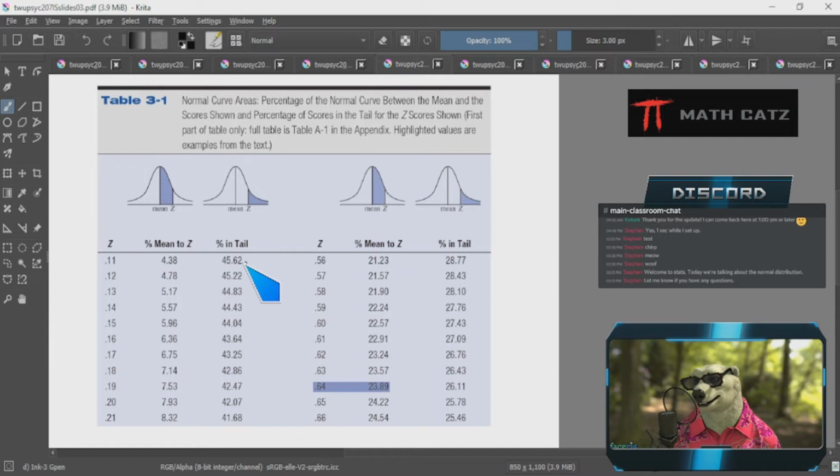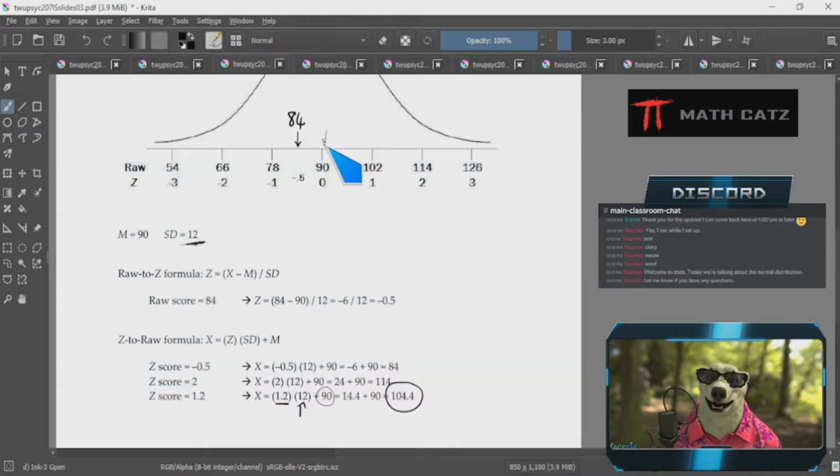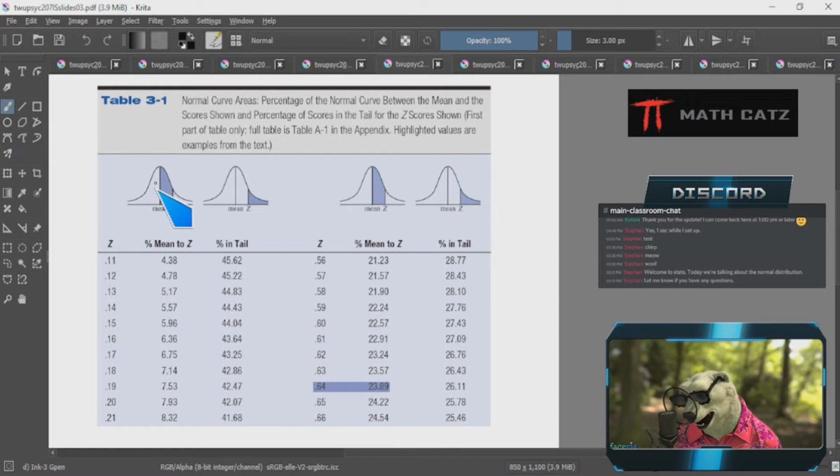Let's look, for example, at the very first one. A z-score of 0.11 means that it sits, remember, if I look at an example like this, a z-score of 0.11 will be right there, just beyond the mean. So this percentage over here is a very small sliver, capturing 4.38% between the mean and where that score sits.